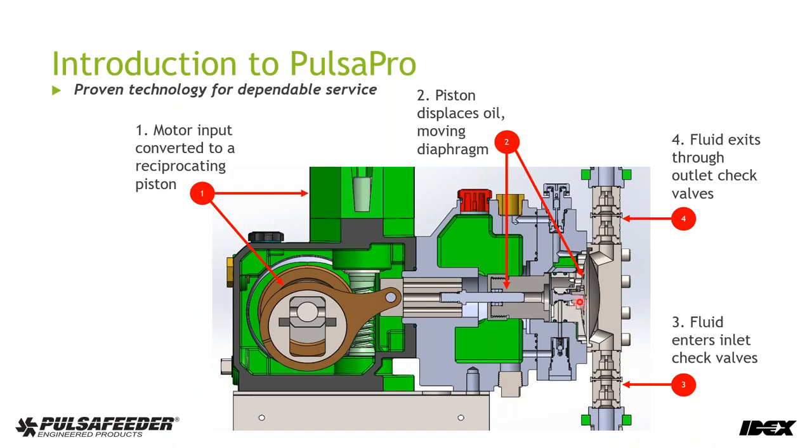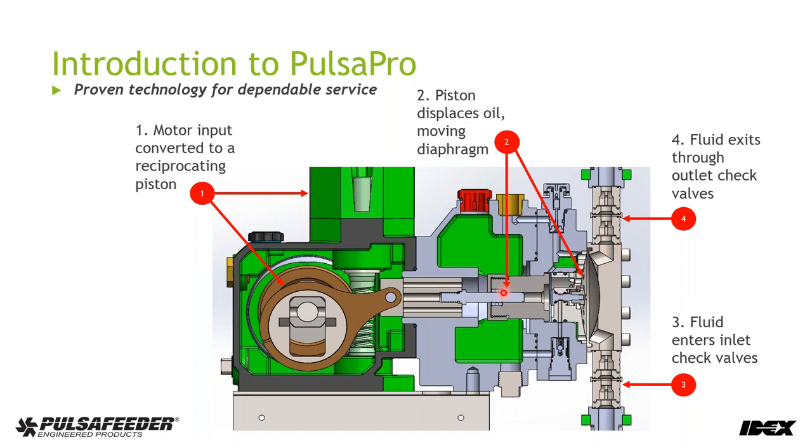On the suction stroke, or in the left-hand direction, fluid will be drawn into the reagent head. Then on the discharge stroke, the check valves on the inlet will close and the check valves on the outlet will open.